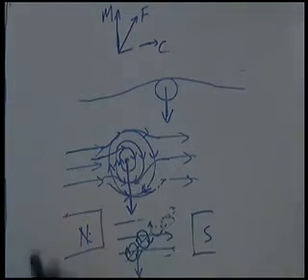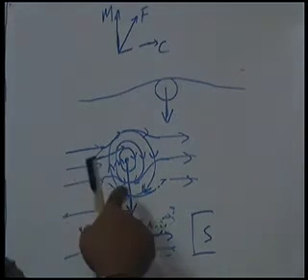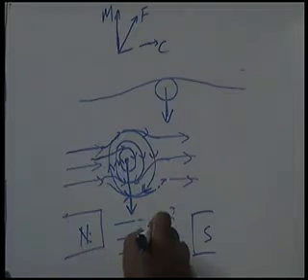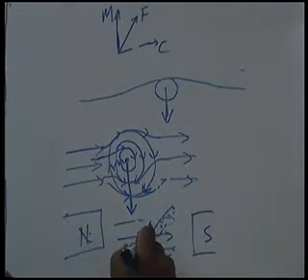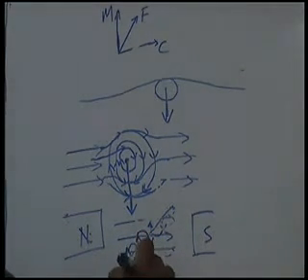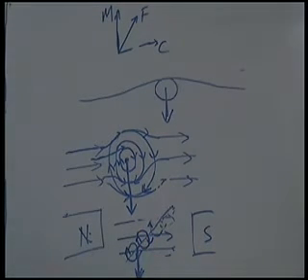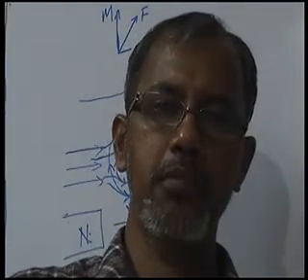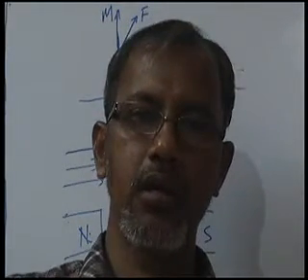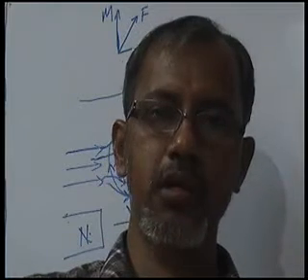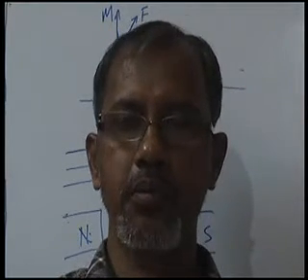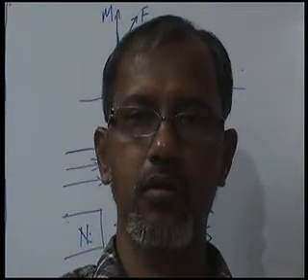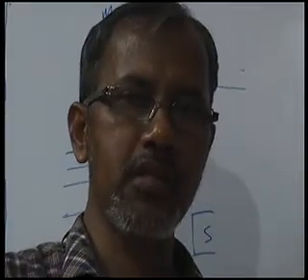So in this way also we have seen that the conductor experiences a downward force. This is the actual explanation of the left hand rule, which provides us the knowledge about the motor's behavior.